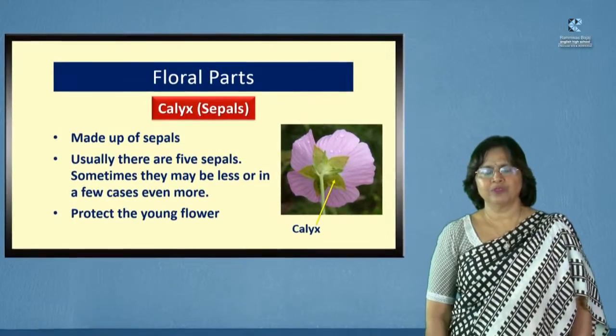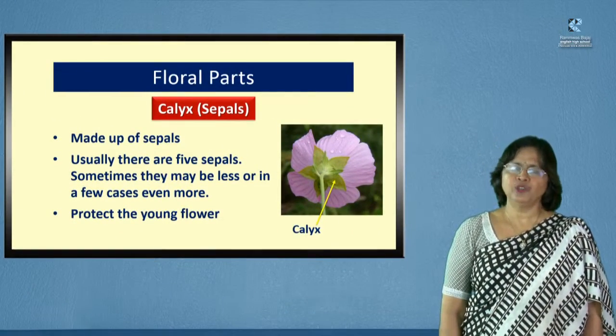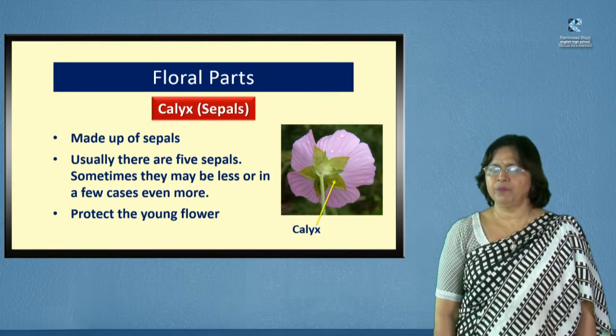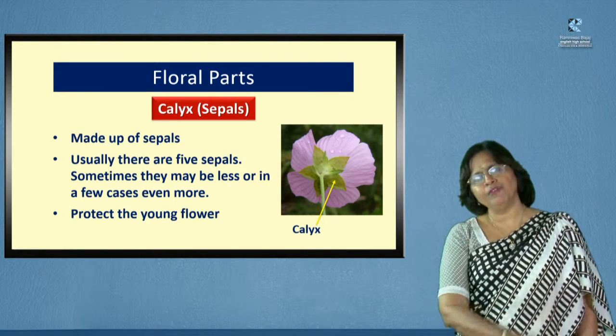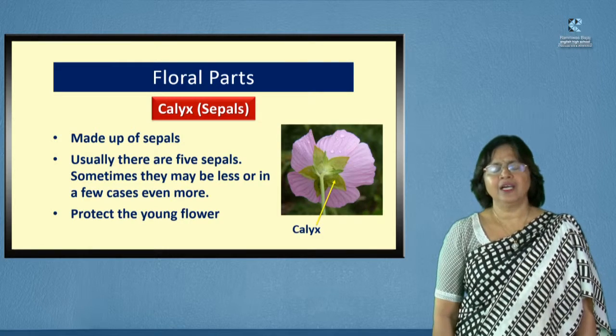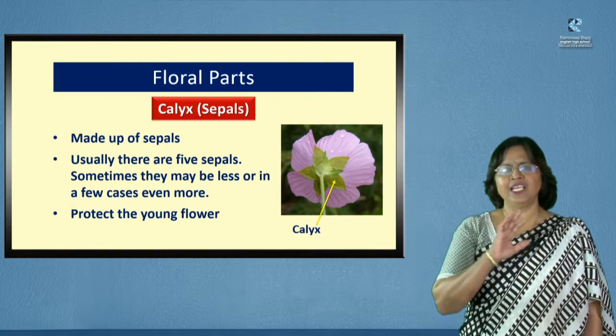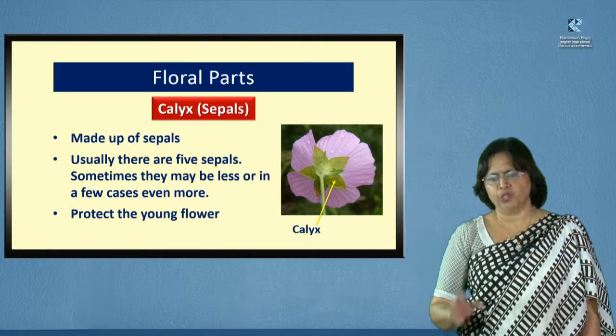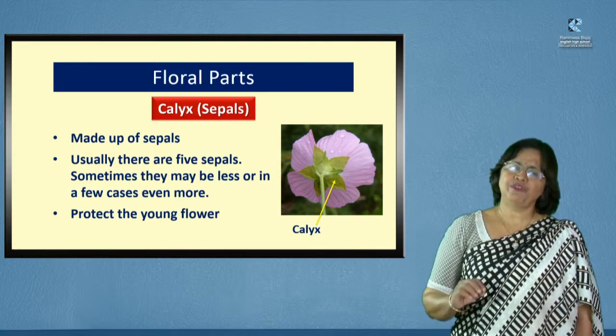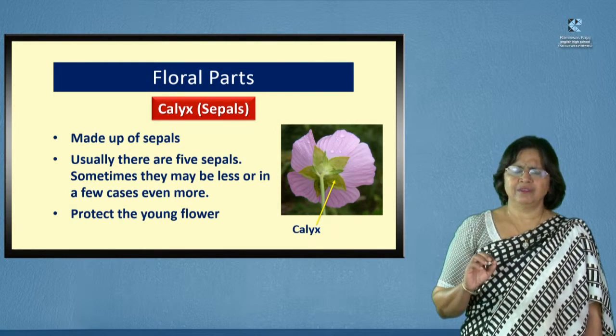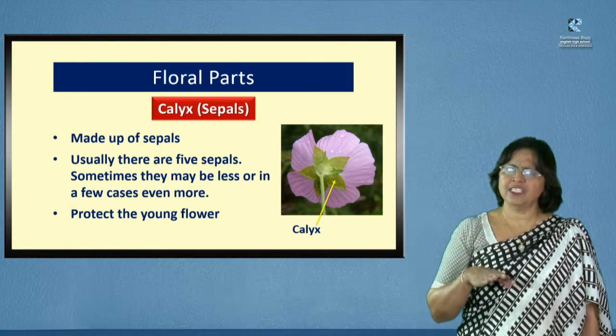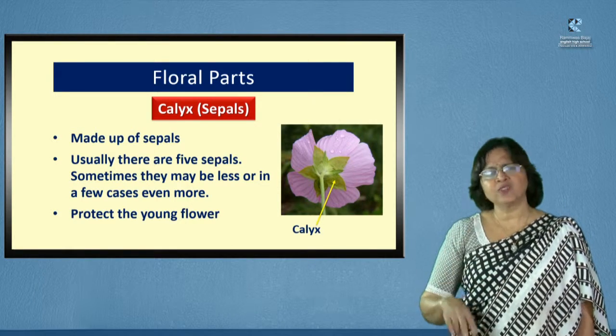The four parts of the flower: the outermost whorl, the calyx, is made up of sepals. Usually we find the calyx is made up of 5 sepals in most flowers, though there are flowers with a lesser number and some with even more.